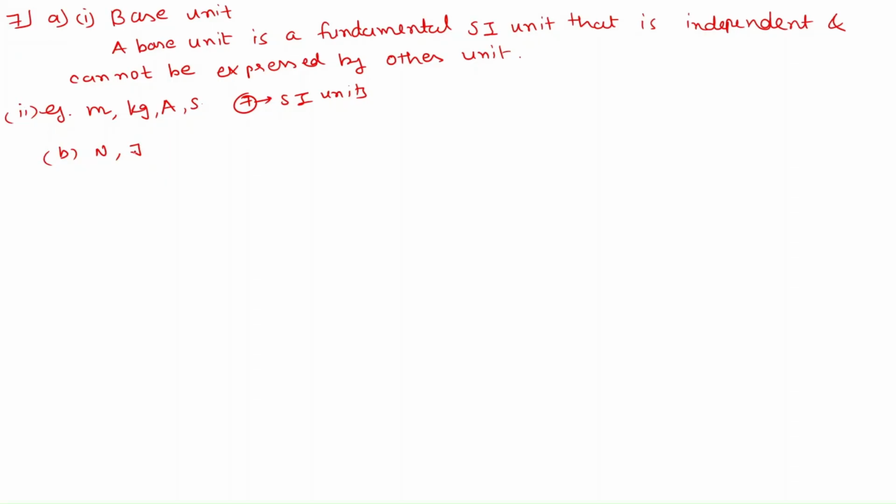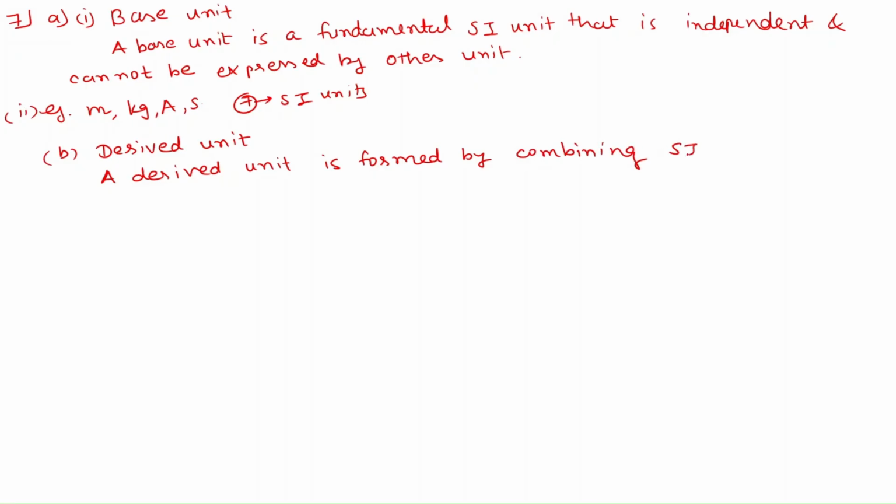So first we write the definition of it, then we give you examples. A derived unit is formed by combining SI base units. Now let me give you some examples.